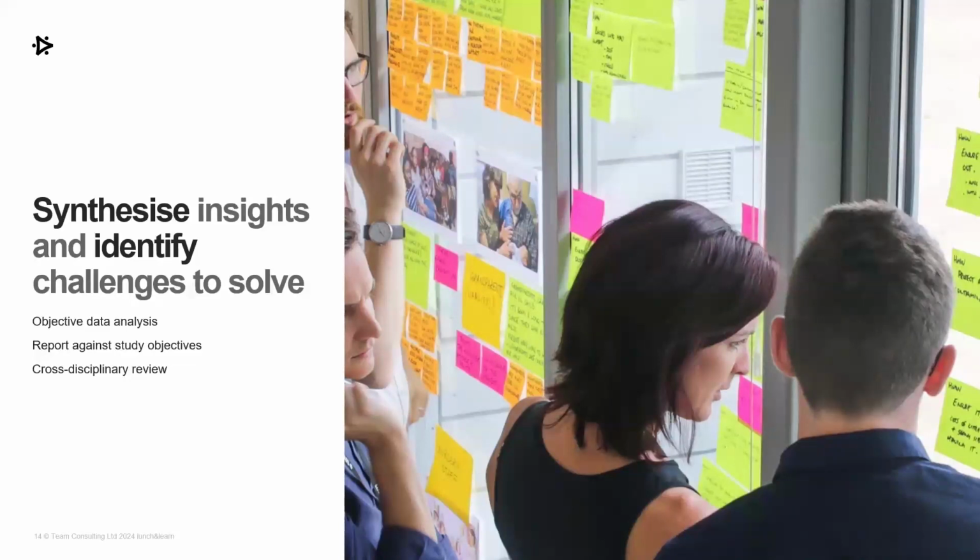We need to stay true to that analysis and reporting. And a good way to achieve this is to structure it against the study objectives that were originally defined before the evaluation took place. This makes sure that you answer the research questions that were highlighted as important for the team and the development stream.